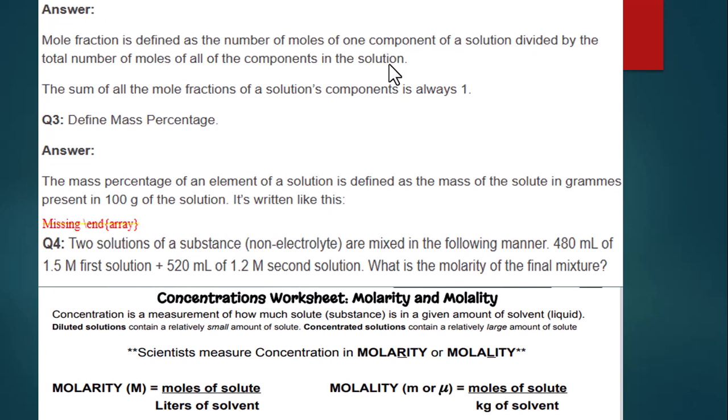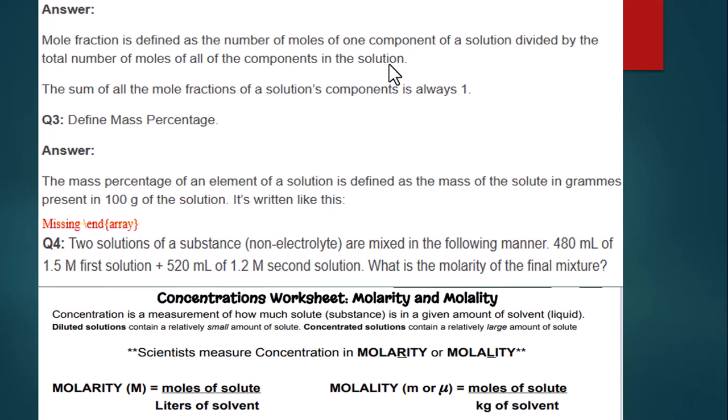Therefore, we are saying the mole fraction is defined as the number of moles of one component. So we have this one component that we are interested in, in order to find how many moles of it were dissolved inside of this solvent. Mole fraction is defined as the number of moles of one component of a solution divided by the total number of moles of all the components in the solution. This is pretty straightforward.